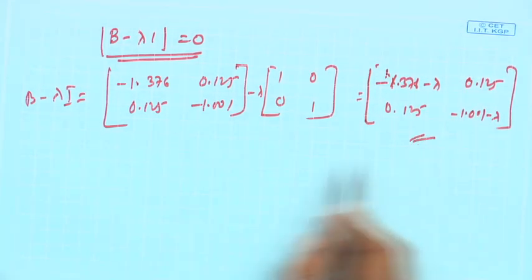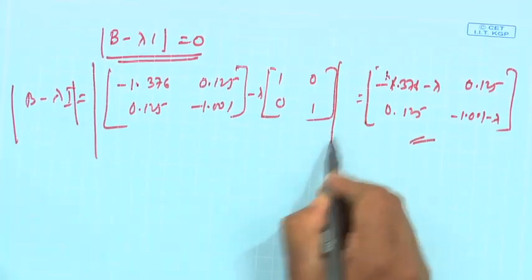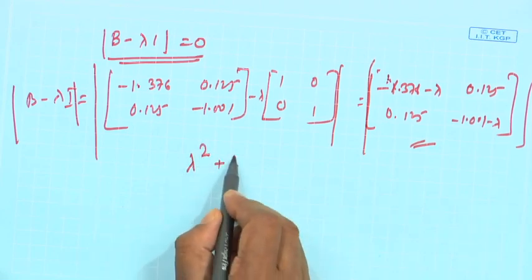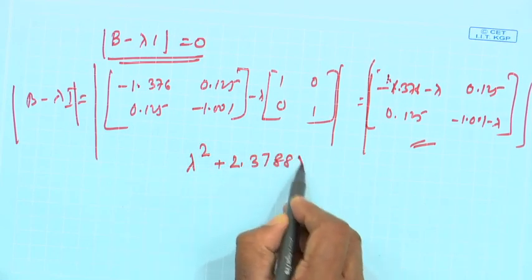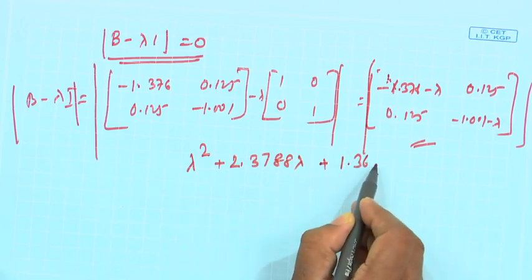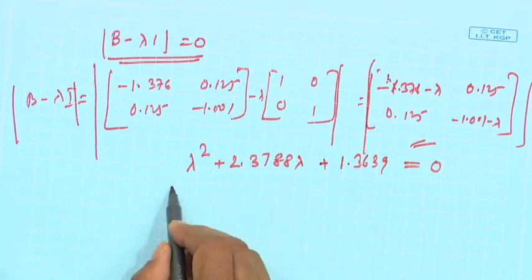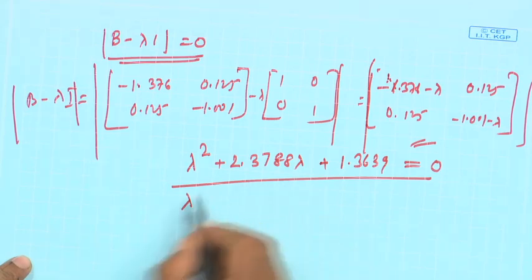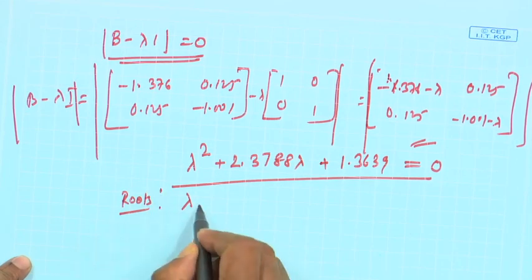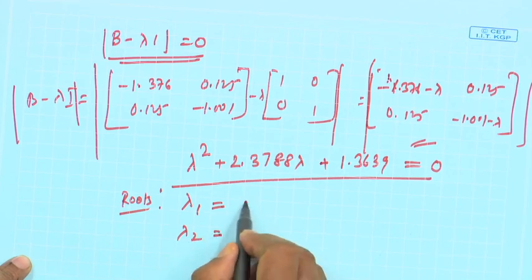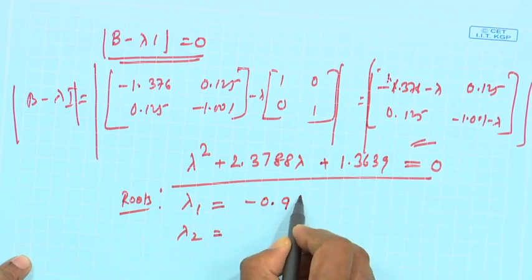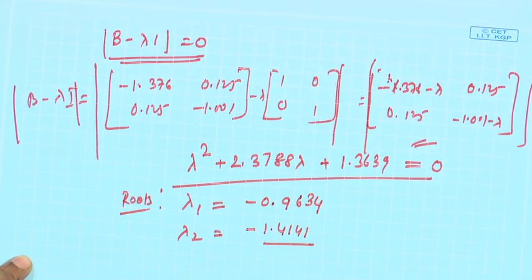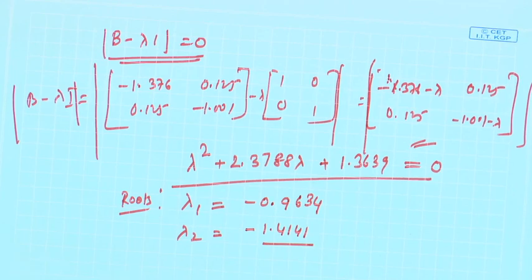Now you take the determinant of this, and this will give you the equation lambda square plus 2.3788 lambda plus 1.3639. You put this equal to 0 and then find the roots of this equation, lambda 1 and lambda 2. So, lambda 1 is minus 0.9634 and lambda 2 is minus 1.4141.